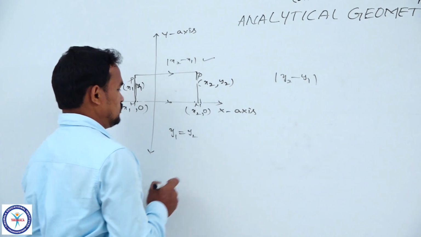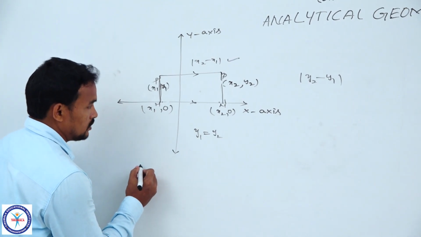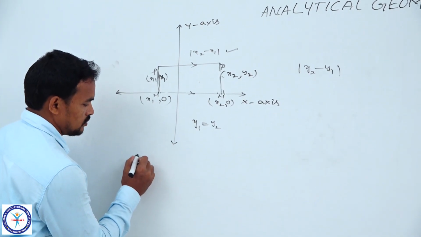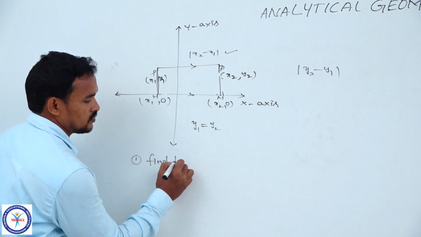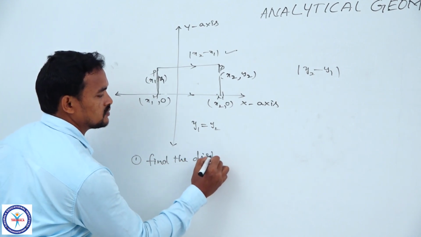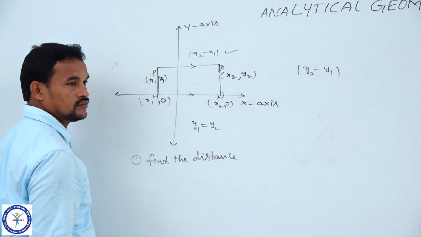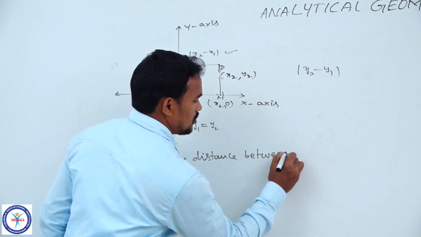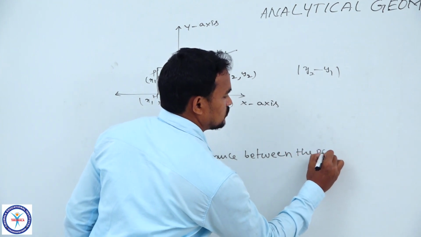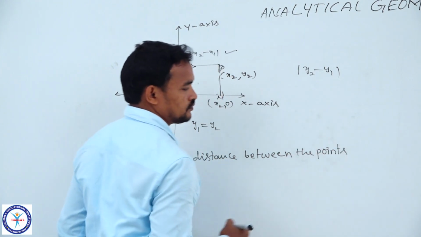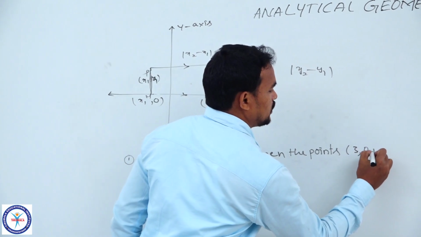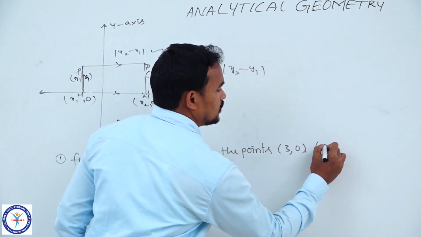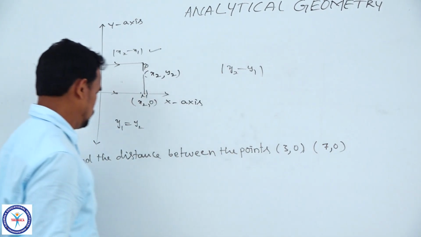After that, some examples. Find the distance between the points 3, 0 and 7, 0.